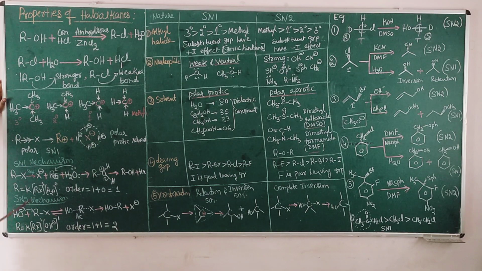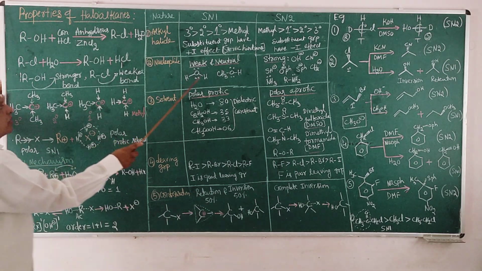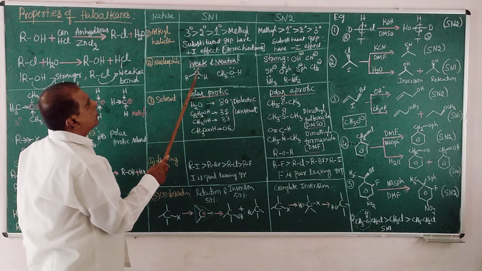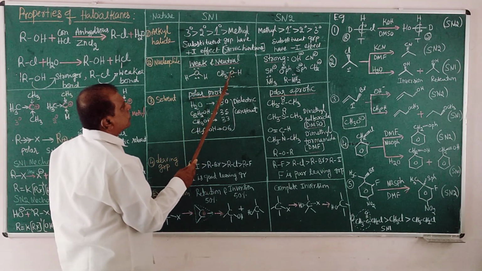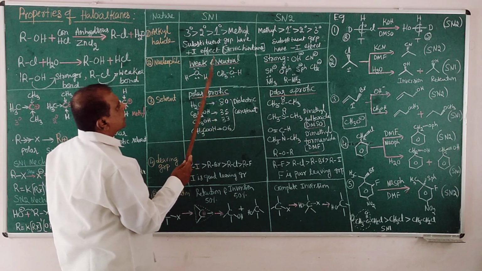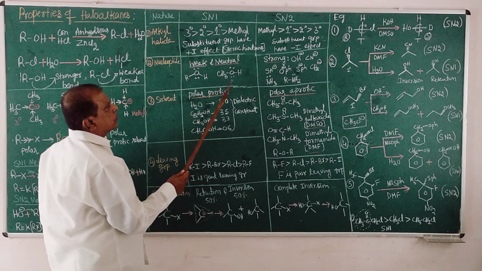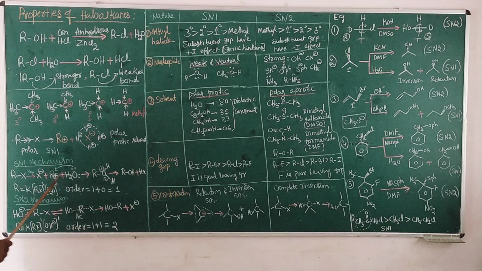So it always requires a strong nucleophile. But in this one, even a weak nucleophile like water and methanol, where there are lone pairs of electrons on the oxygen, can attack and favor the process like this. It doesn't require a strong nucleophile, but this one requires a very strong nucleophile.